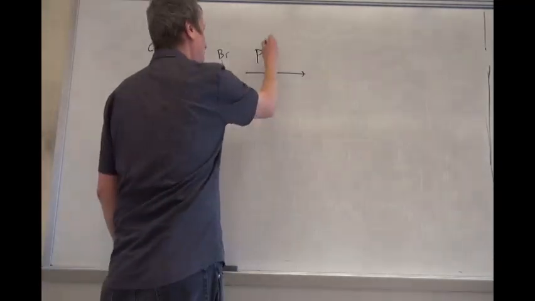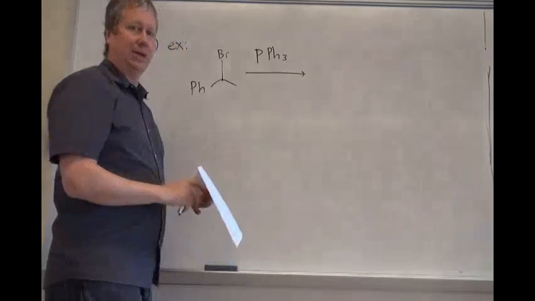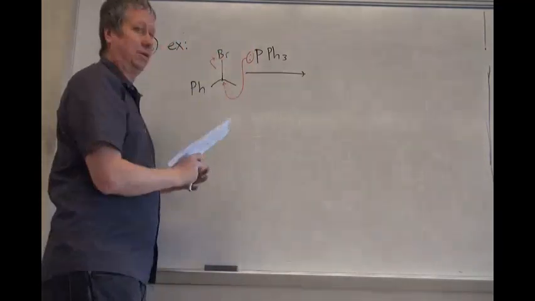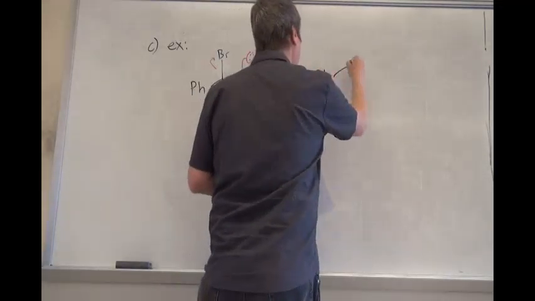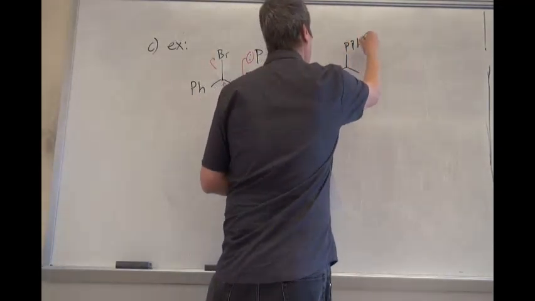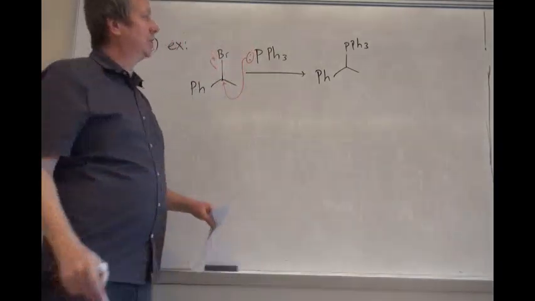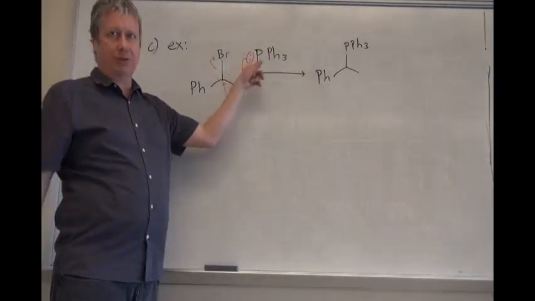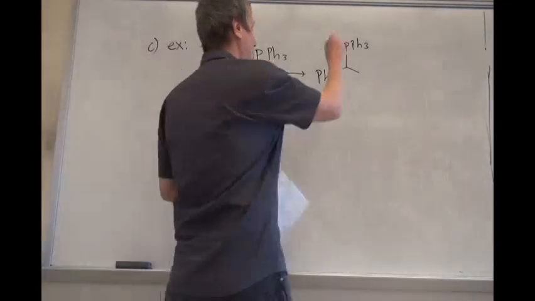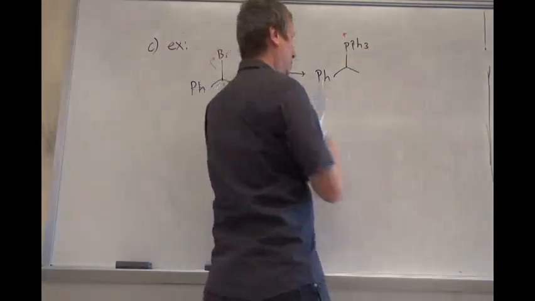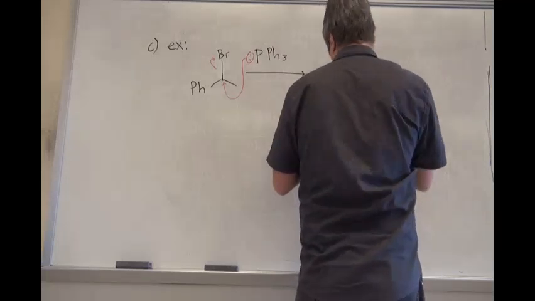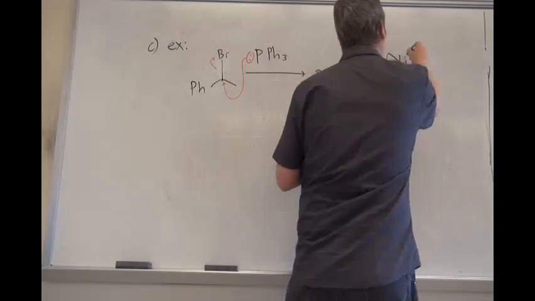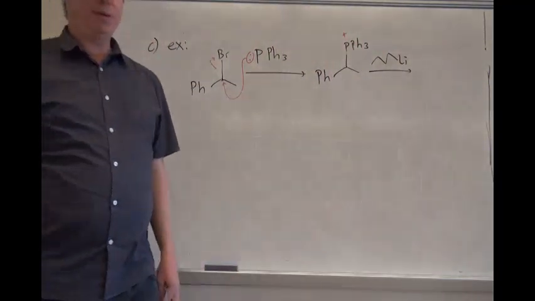So it's PPh3, SN2. Where's my charge? Well, the phosphorus was neutral. It gave up its electrons, so it's positive. Rip off the proton with butyllithium.